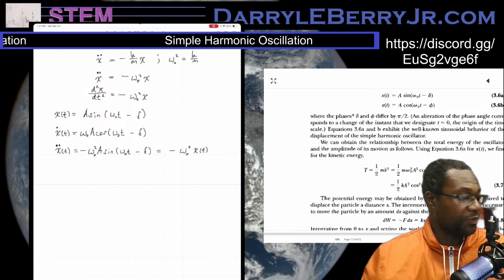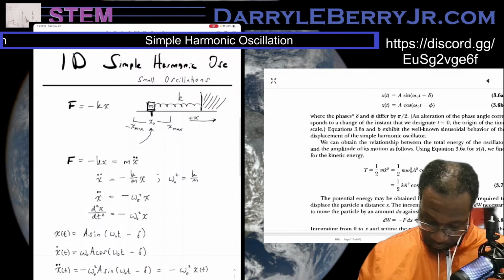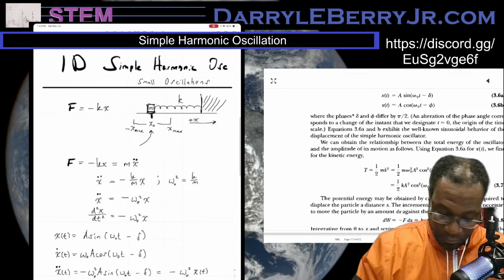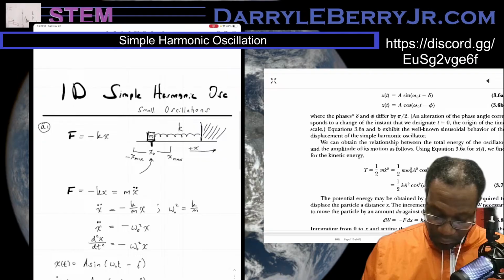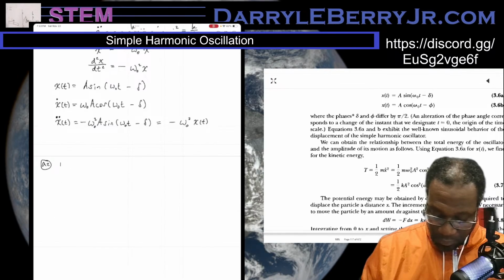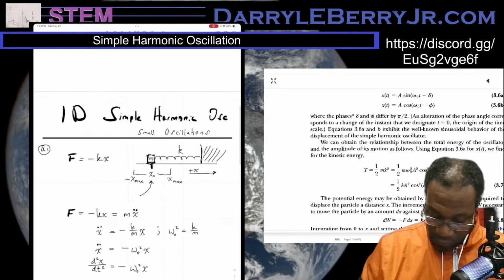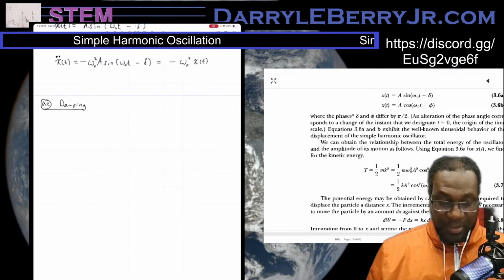Let's go straight to adding damping. This is simple harmonic motion. Next, we will add damping.